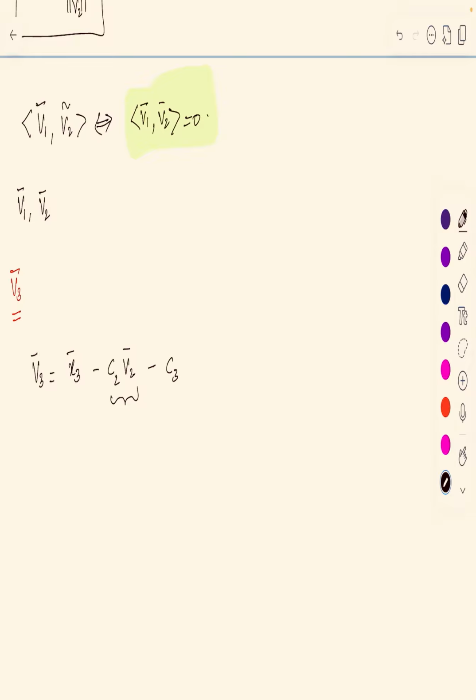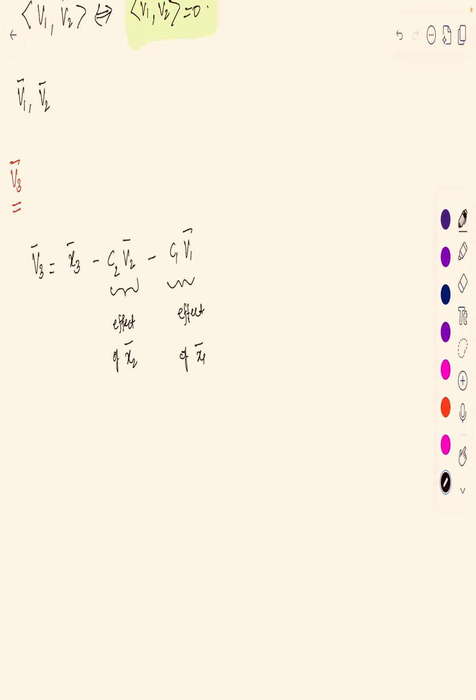And then c1 times V1 bar, removing the effect of x1 bar. This has to be V3 tilde because it is not yet normalized, and V3 bar is actually V3 tilde by the norm of V3 tilde.